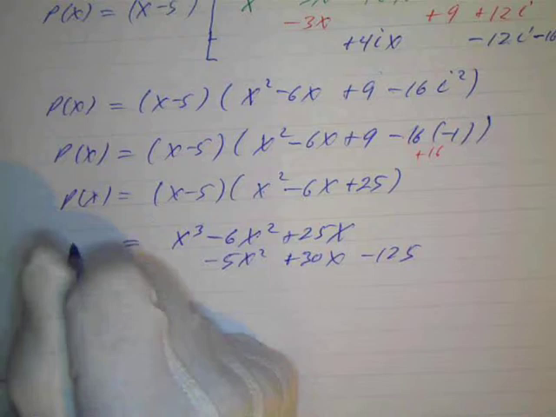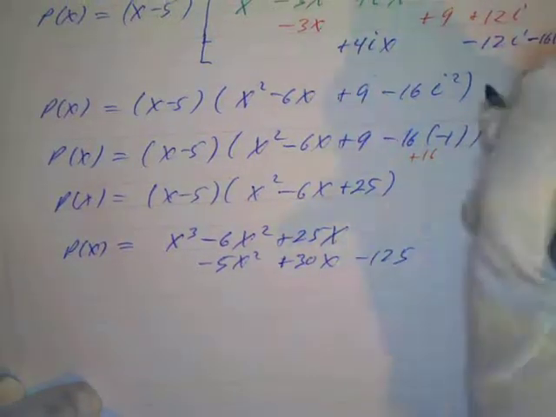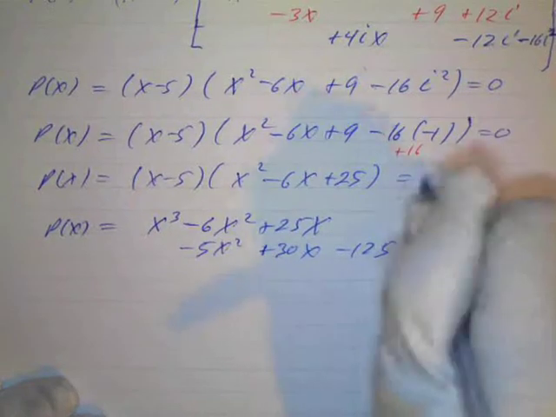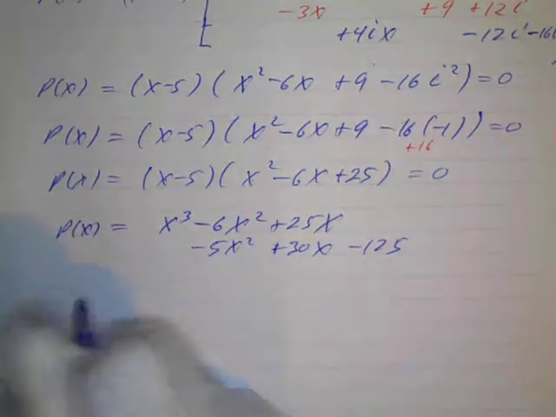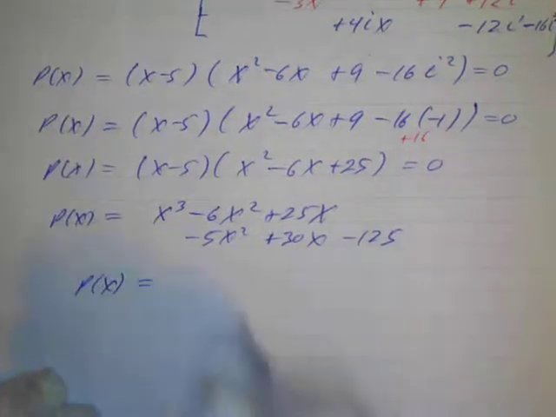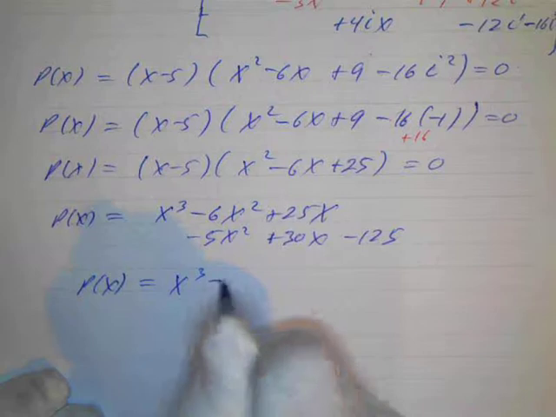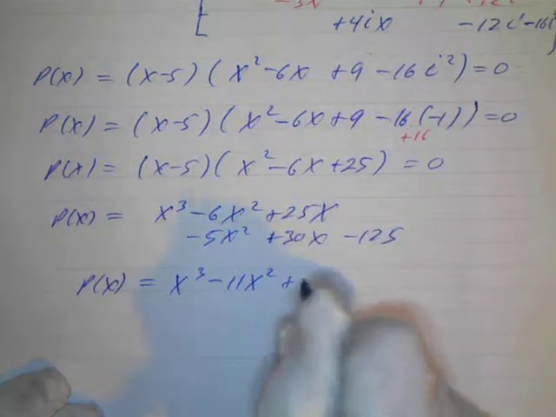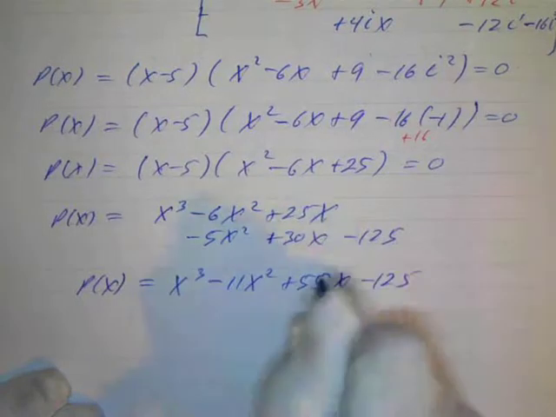And then we can add those all up. This is p of x. And again, all these are equal to 0. And this is going to end up being p of x equals, and then I can simplify our terms, x cubed minus 11x squared plus 55x minus 125.